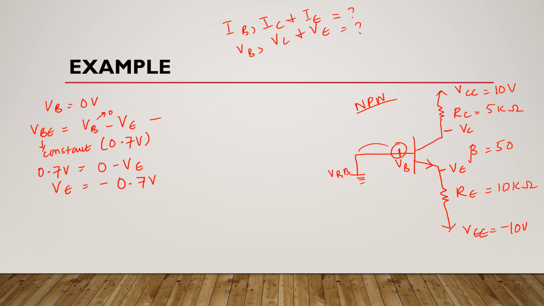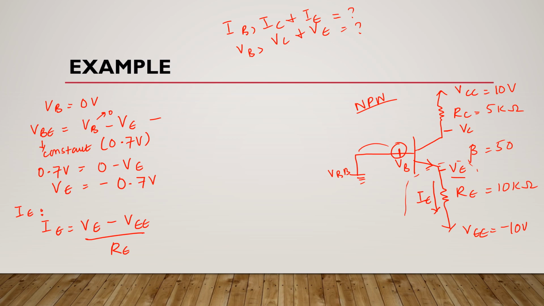We know that IE is flowing here in this direction. So if we look at this branch only, the formula of emitter current will be IE is equal to VE minus VEE divided by RE, because this VE is at higher potential and this VEE is at lower potential.